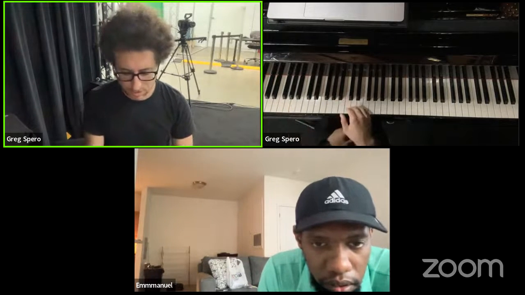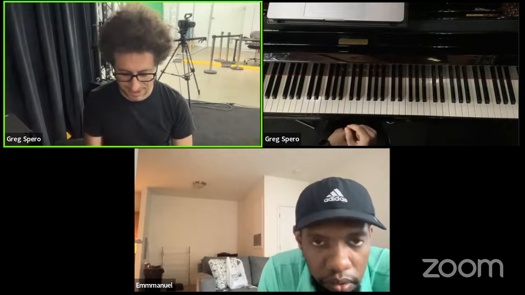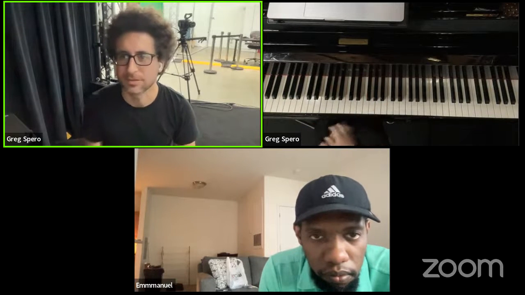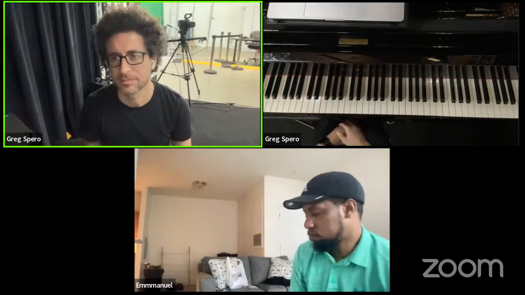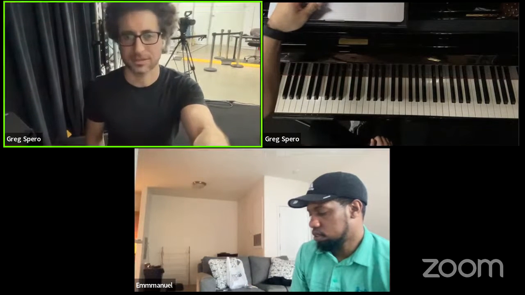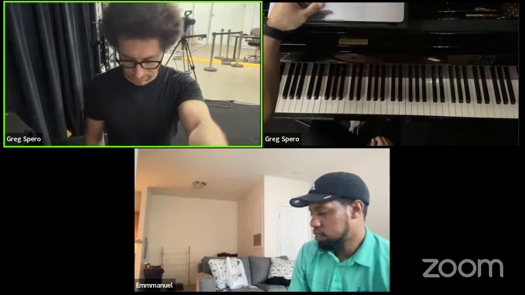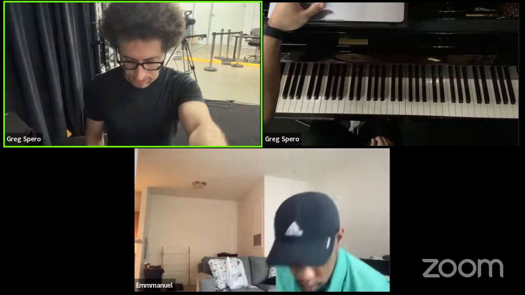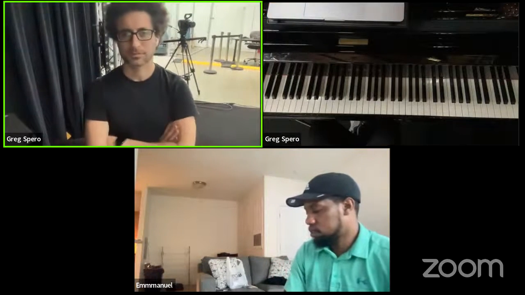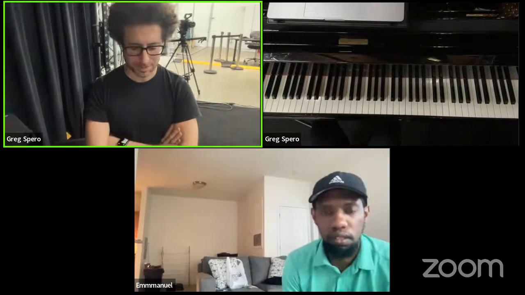Now, in those two keys, are there any notes that are the same in B and G? F sharp. Correct. And? And E. That's also correct. And there's one more. B. Correct.